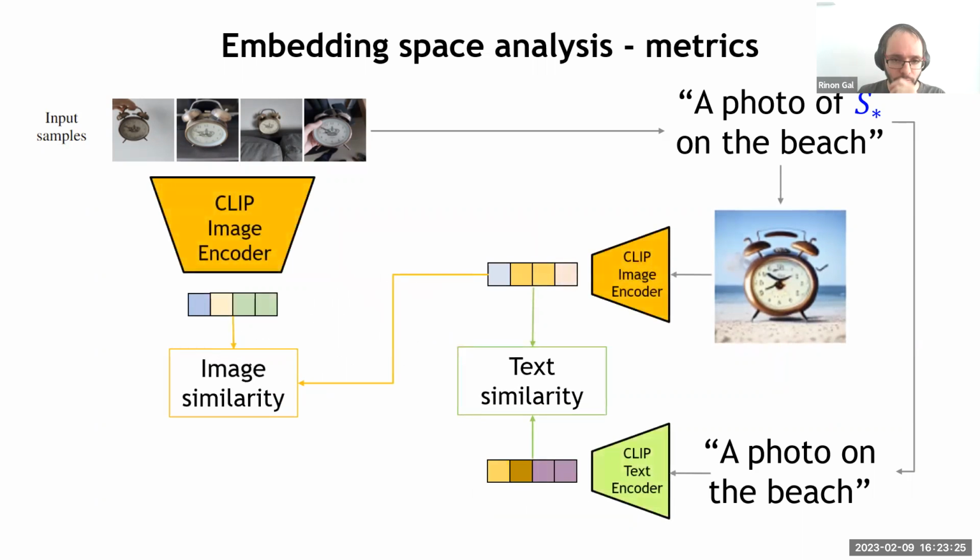So to measure image similarity, again, we'll calculate the CLIP space distance between our generated images and the original training set. And to measure text similarity, we'll use the cosine distance between our generated images and the conceptless text that we use to prompt the model. Okay, so I hope that that's intuitive enough.